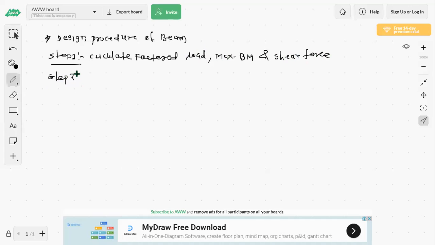Then step 2 we have seen, that is calculate plastic modulus. Then step 3, classify the section.